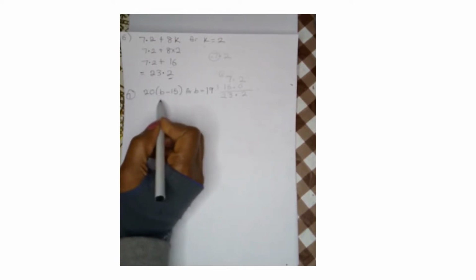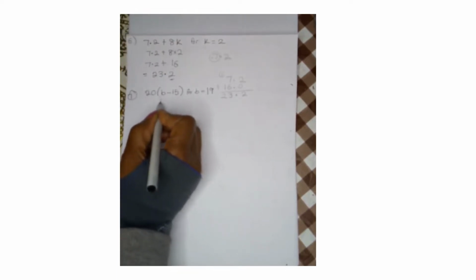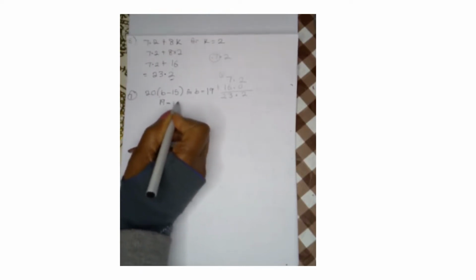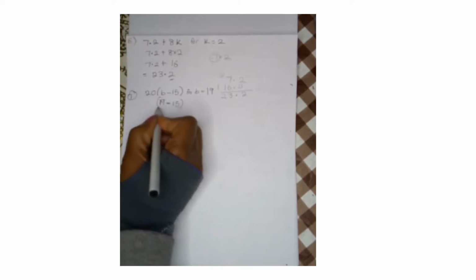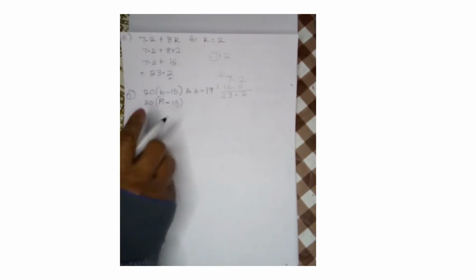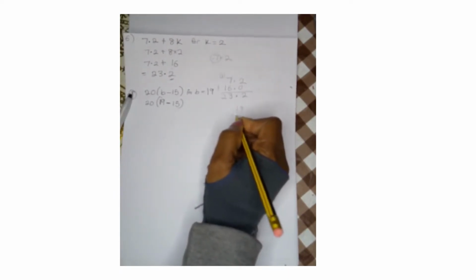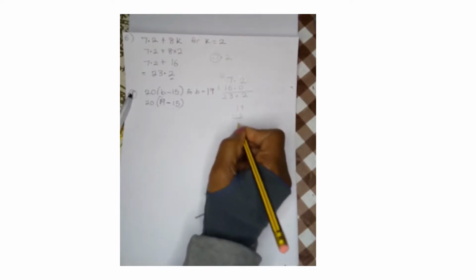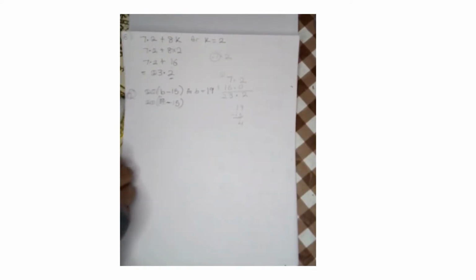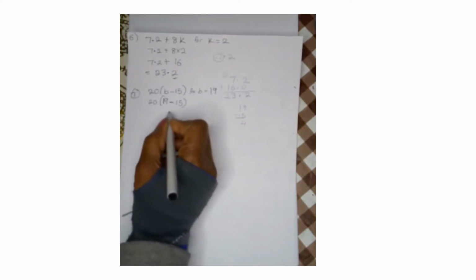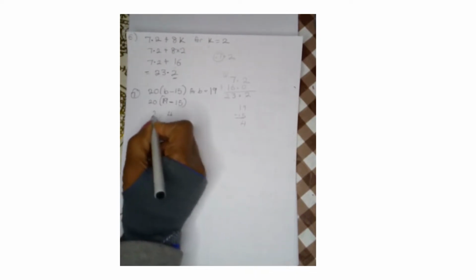So 19, we are going to write 19. B is 19, so b minus 15, multiplied by 20. 19 minus 15, you can put it down like this. It will give you 4. We'll put the one in brackets, we did it first, which is 4, 20.